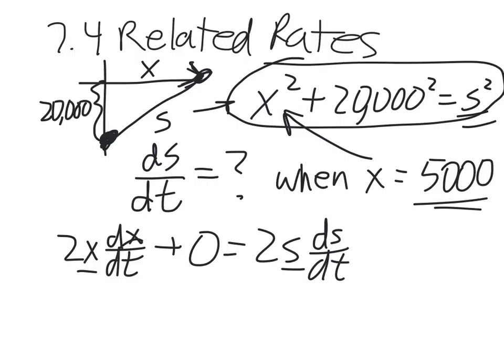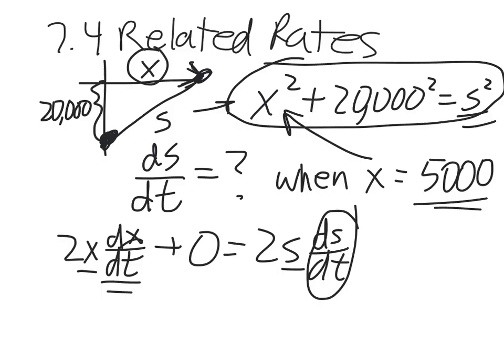We would also be given how fast the plane would be going. So dx by dt would be given, velocity of the plane or ground speed of the plane. Okay. And that way we could calculate what ds by dt is at that particular time.